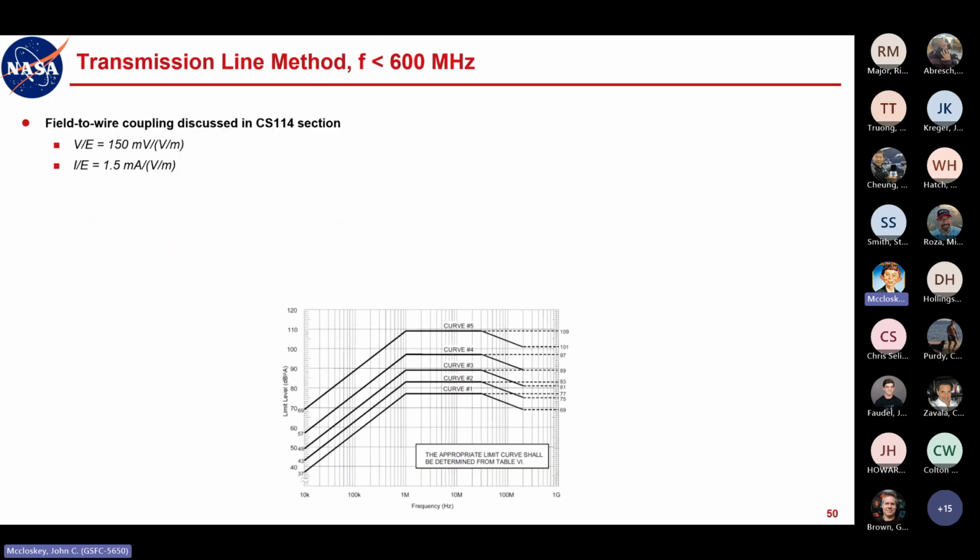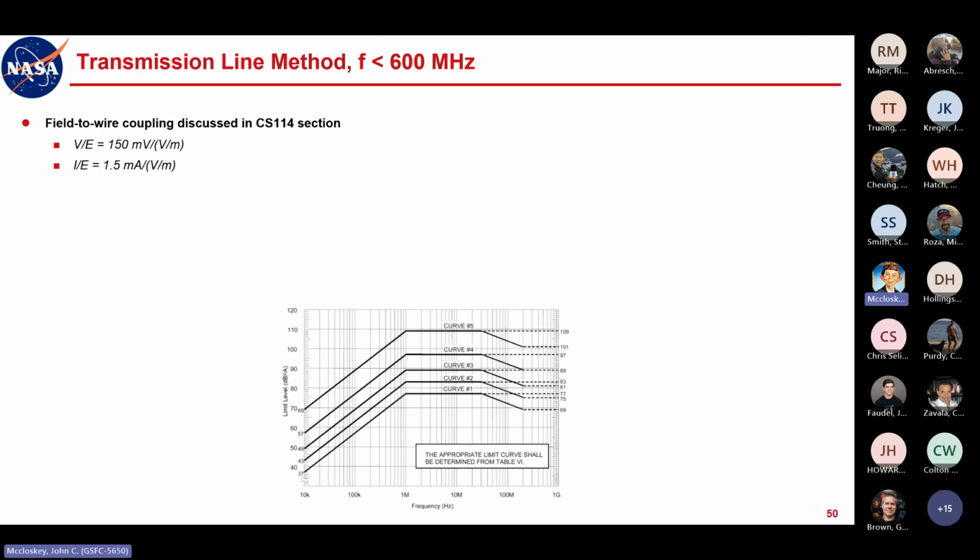So the transmission line method, we get what we need here basically from CS114. The field to wire coupling, I discussed at length in the CS114 section. The CS114 limits are specifically intended to correspond to different RS103 limits.